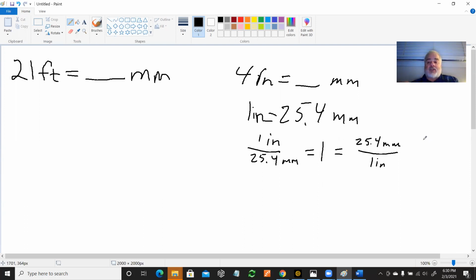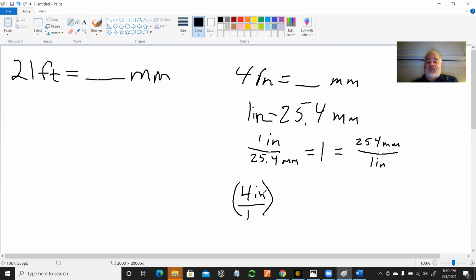Now, where it does matter is paying attention to the units. So where do I start? I start with 4 inches, and I'm going to write it over 1. If you've had math before, you remember this: anything over 1 is just itself. I just like it because it makes things visually easier for me.